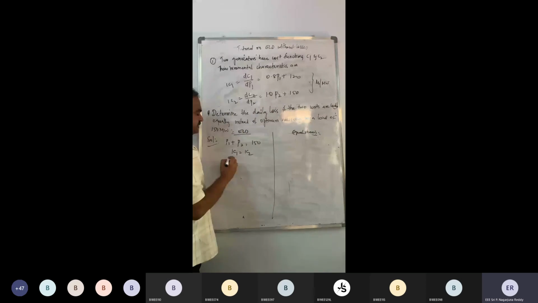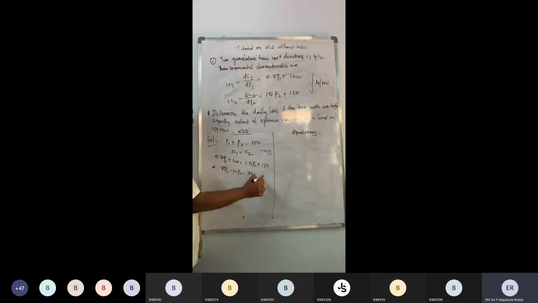Equating these two, this is equation 1, this is equation 2.